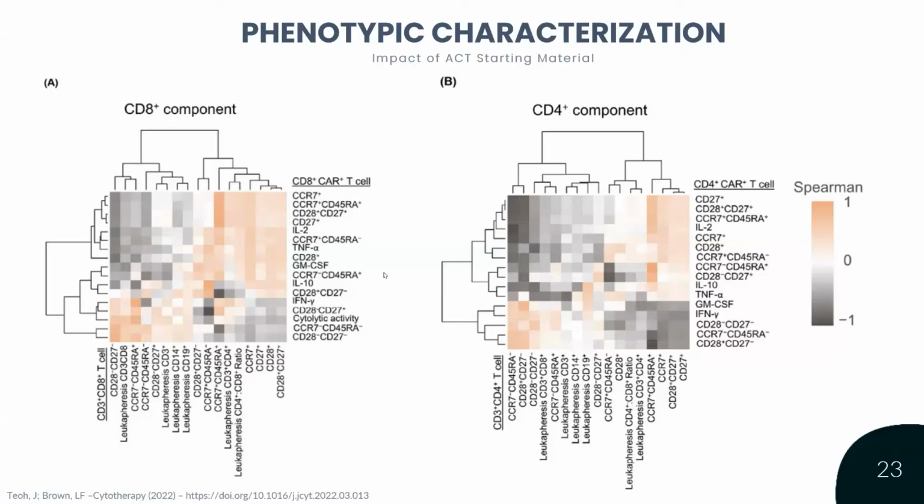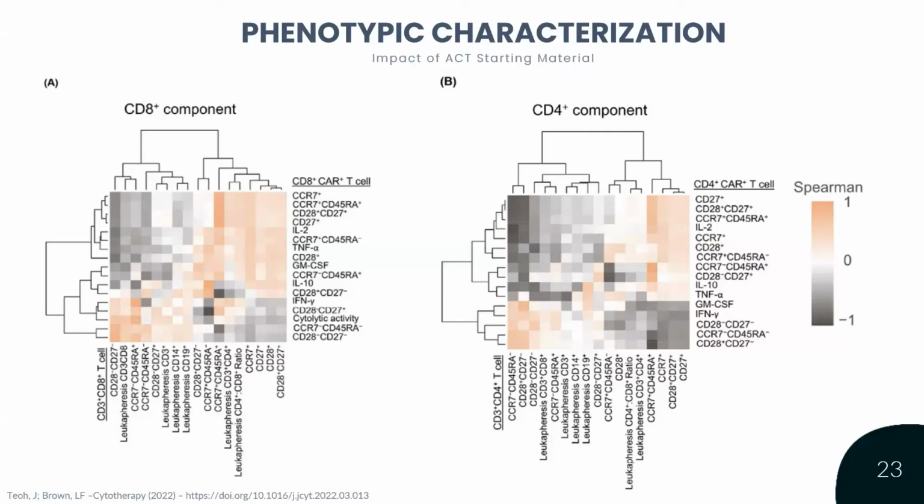And what you're looking at are the CD8 positive cells and CD4 positive cells, and this heat map of Spearman correlations. Spearman correlations are essentially non-parametric measures of ranks.